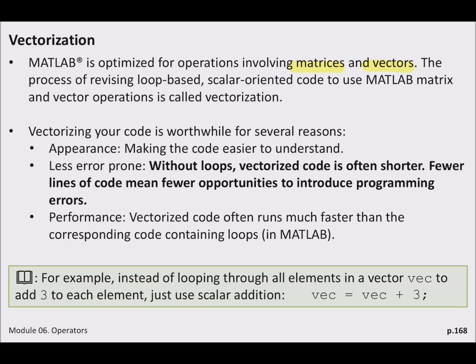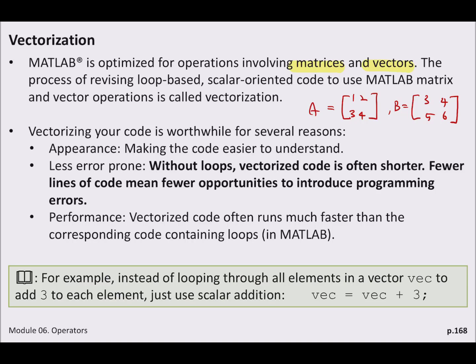For instance, the 2D matrix, if you multiply the elements at the same location, we need to design the loop structure or the double loop structure.